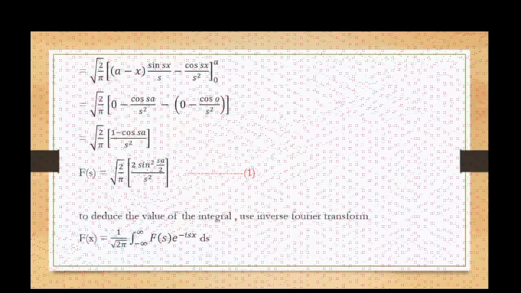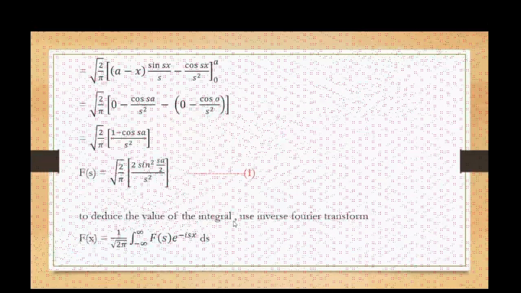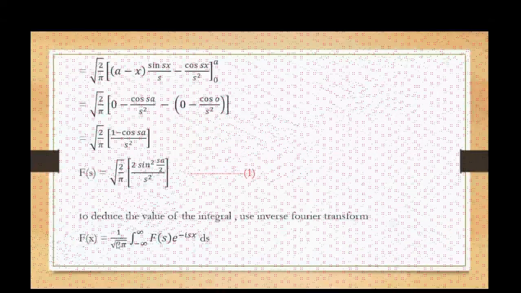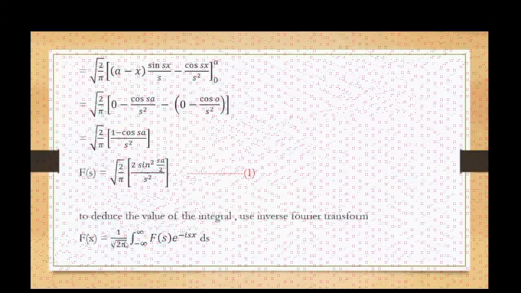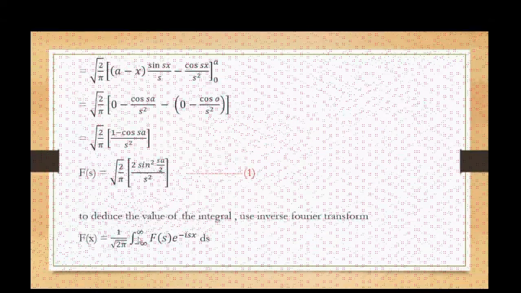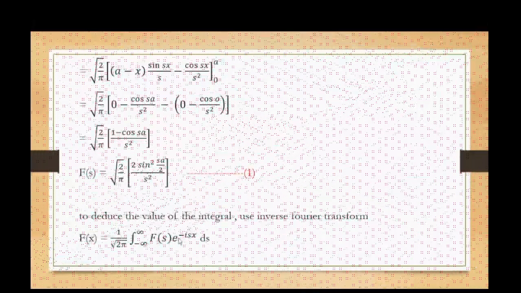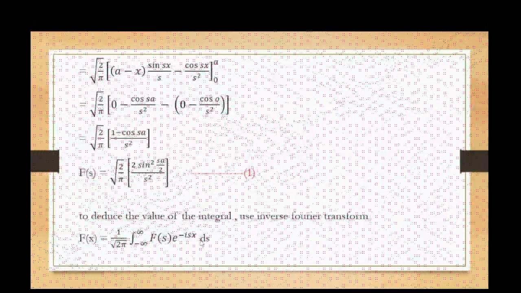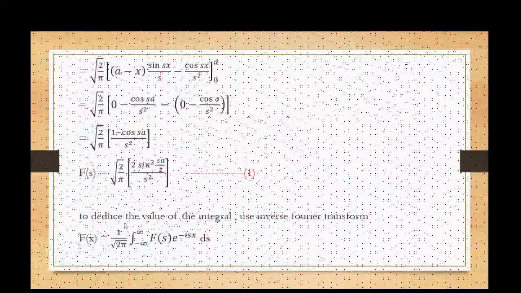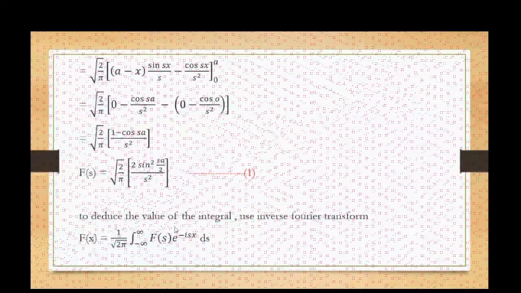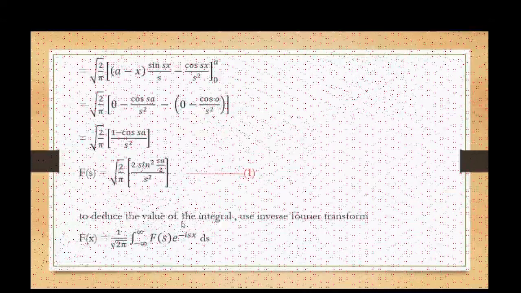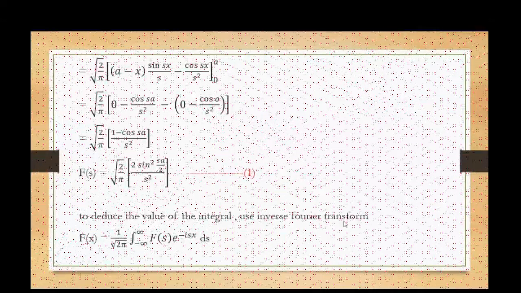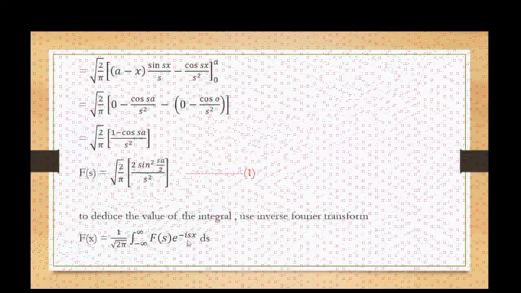And we have to deduce the value of the integral. For that, f of x is equal to 1 divided by root 2 pi integral minus infinity to infinity f(s) e power minus isx dx. So the value of the integral can be deduced by using the inverse Fourier transform. So e power minus isx can be used.